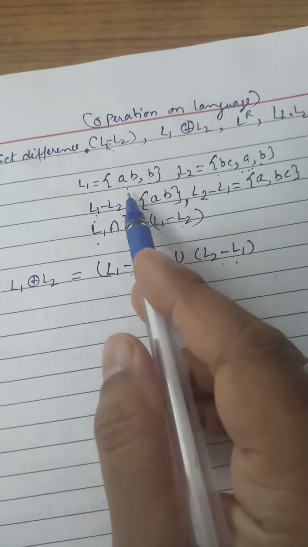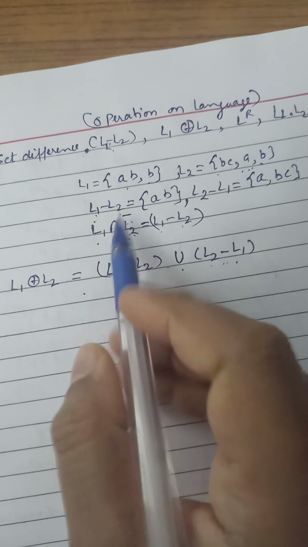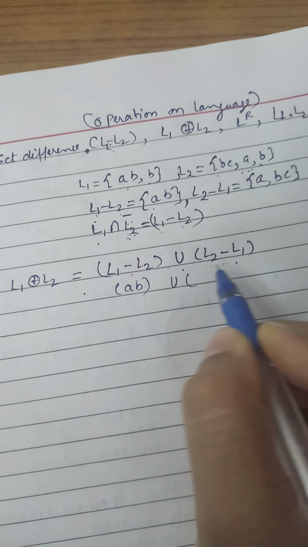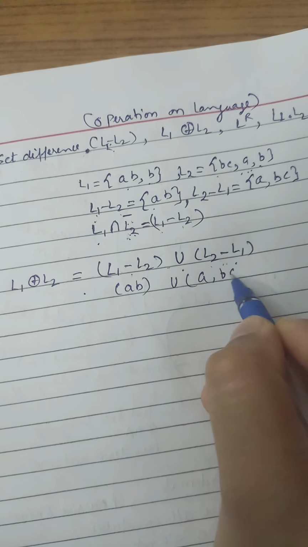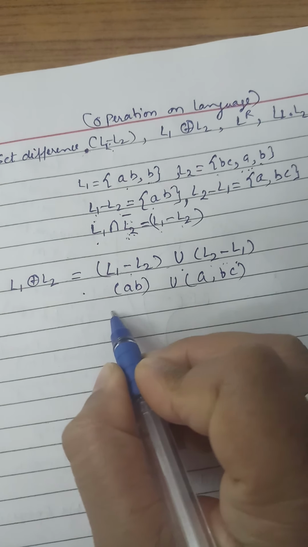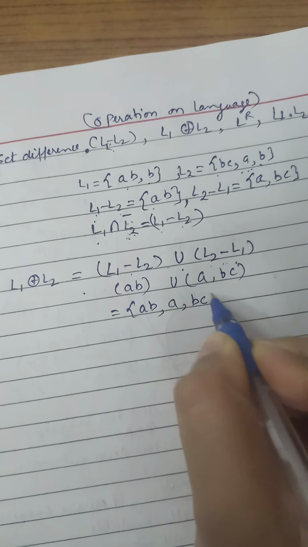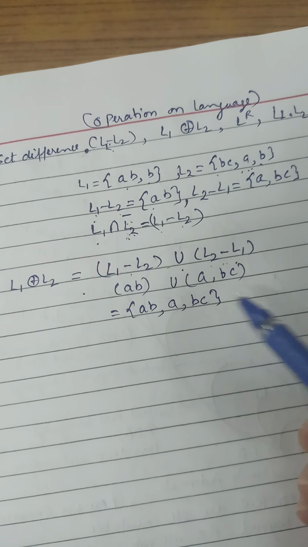From the example, L1 minus L2 is AB, union L2 minus L1 which is A, BC. So we get AB, A, BC. The common term will not come, the rest will come.